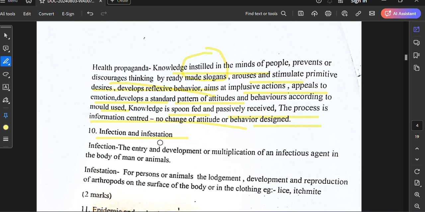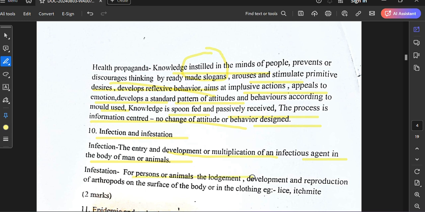I-N-F-E-S-T-A-T-I-O-N. Infection means the entry and development or multiplication of an infectious agent in the body of a man or animal. Entry, development, multiplication of an infectious agent like bacteria, virus, etc. in the body of a man or animal, the disease progresses.